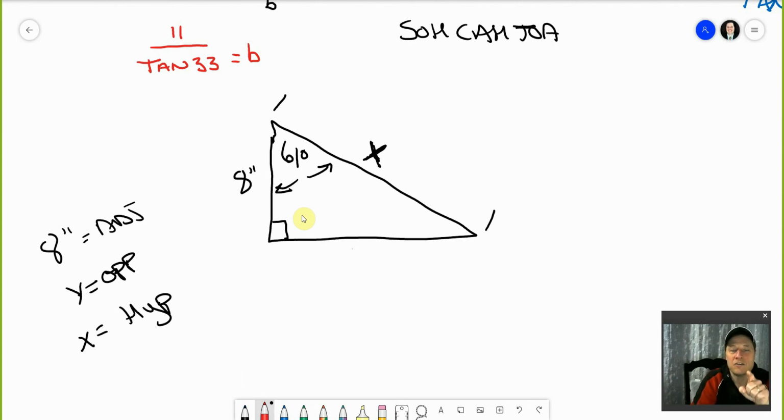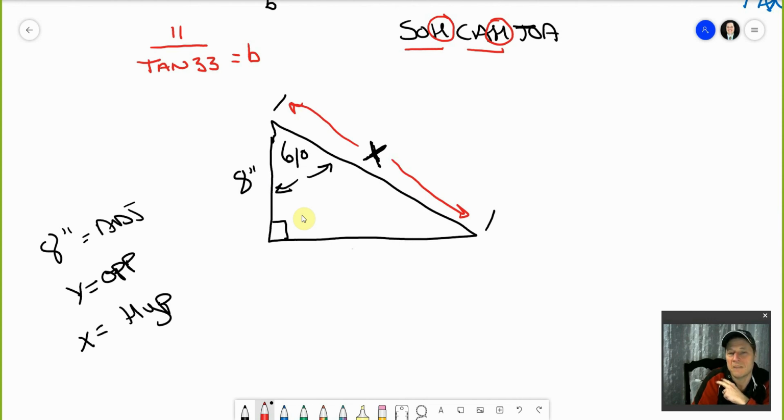So we need a trig function that has hypotenuse in it, because we're trying to solve for the hypotenuse. So we know it's either going to be sine or cosine, because they both have an H. What else do we know about the triangle, Ryan? The opposite doesn't have a number, so we don't care about that.